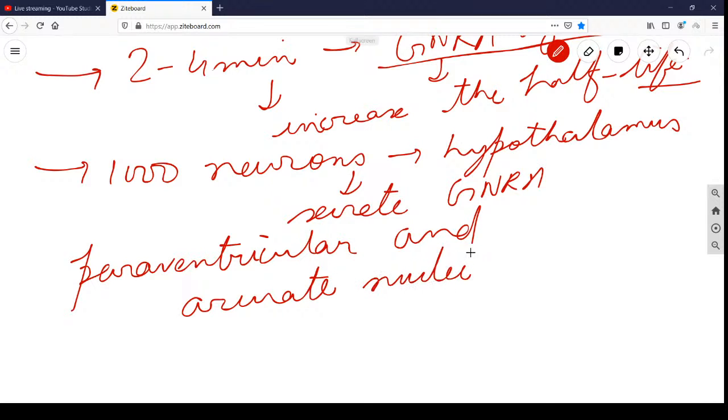These two are the sites in the hypothalamus from where the GNRH is released in a pulsatile manner. Pulsatile manner, that is very important.